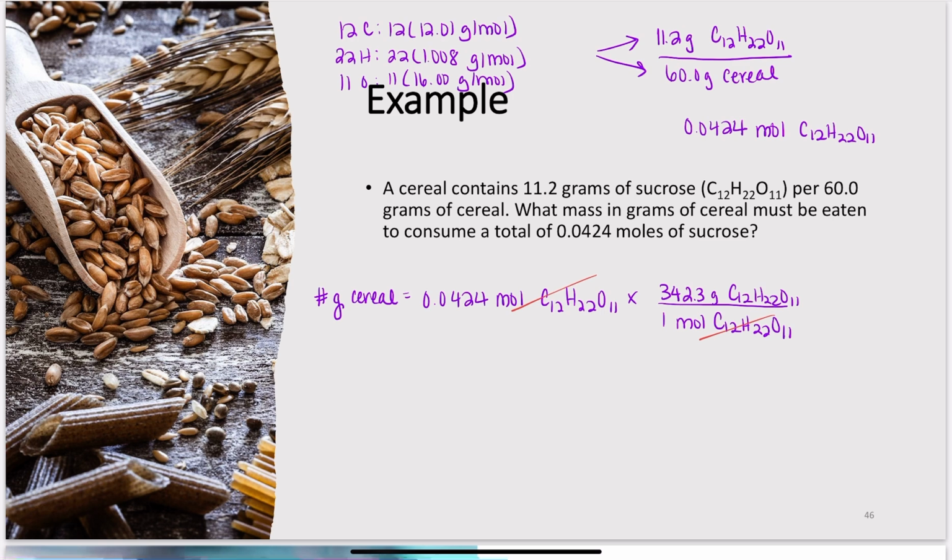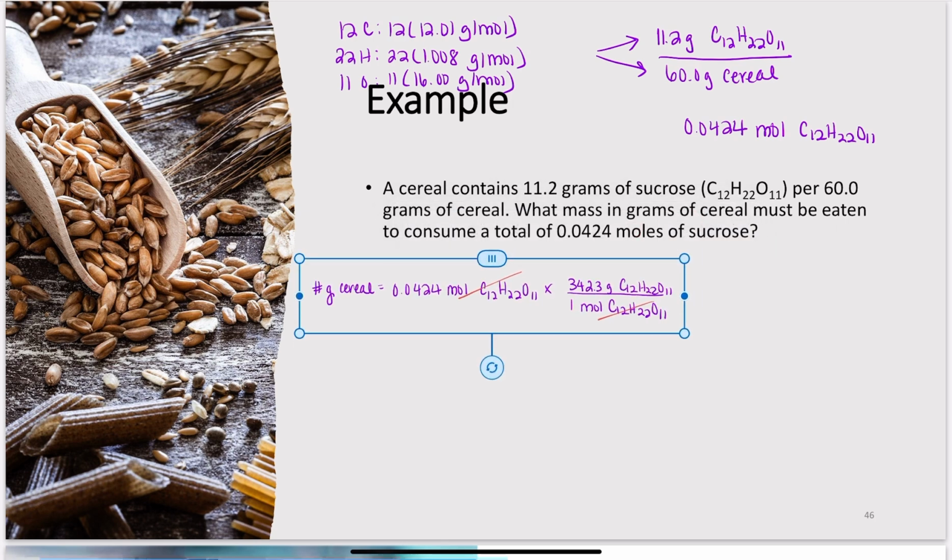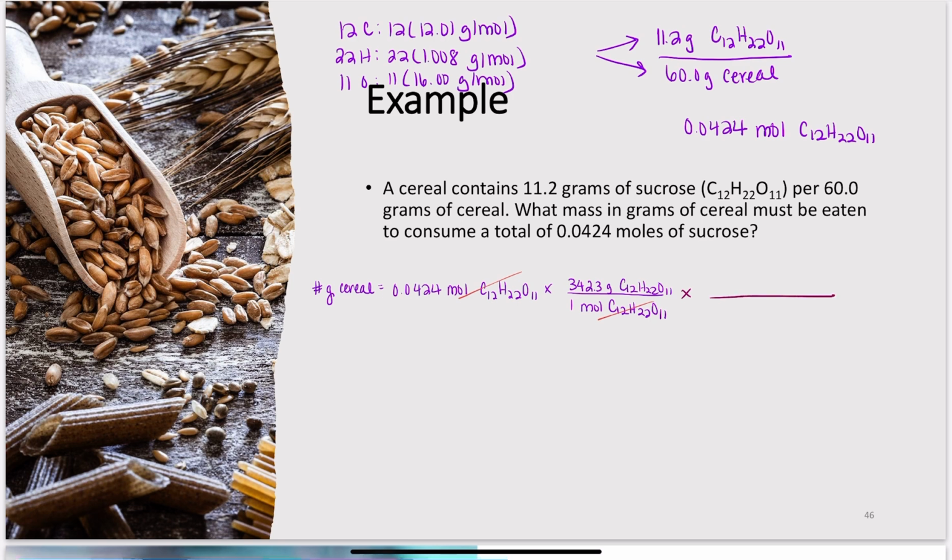Now I can use that conversion, but be careful how you write it. You have to think about what you need here. What we want is number of grams of cereal. What I'm trying to cancel out is number of grams of sucrose. So I need my grams of sucrose in my denominator so it cancels out. I need my grams of cereal in my numerator because that's my goal.